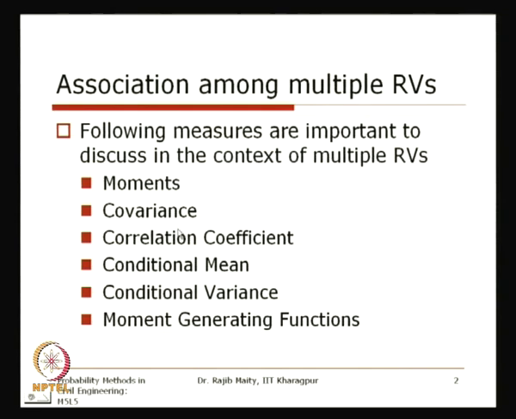Then covariance, meaning how the random variables covary with each other, and from that we move to a measure of linear association known as the correlation coefficient. Gradually we will move through conditional mean, conditional variance, and then moment generating functions. We may cover the moment, covariance and correlation coefficient in this lecture, and continue to the next lecture for the other properties of random variables.